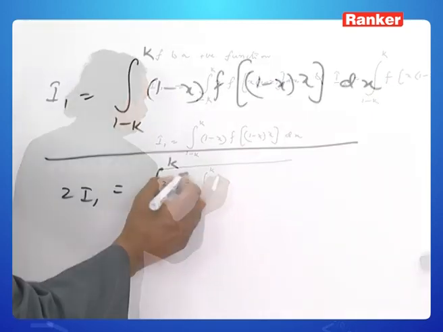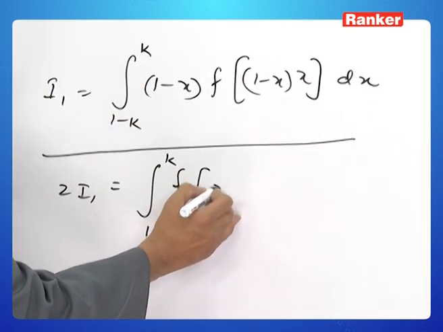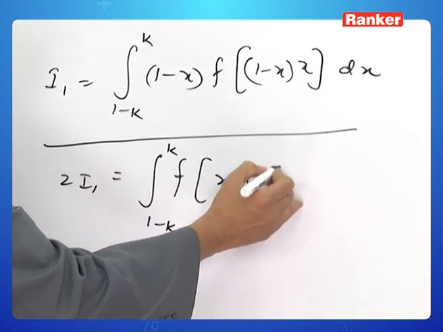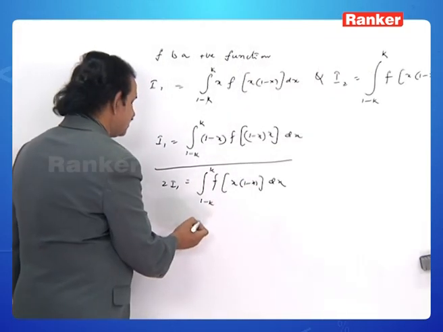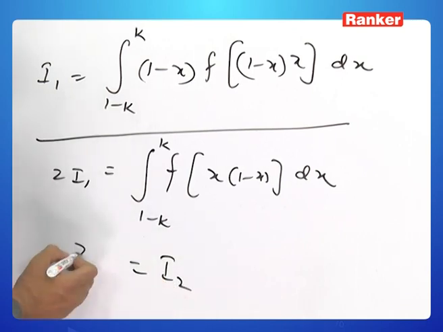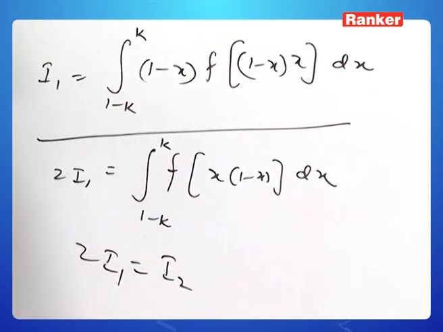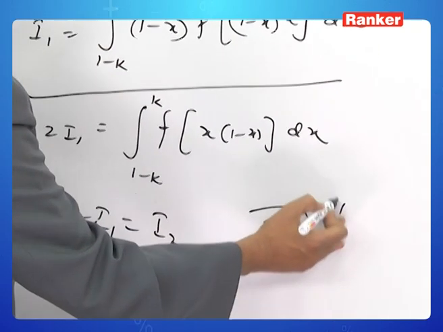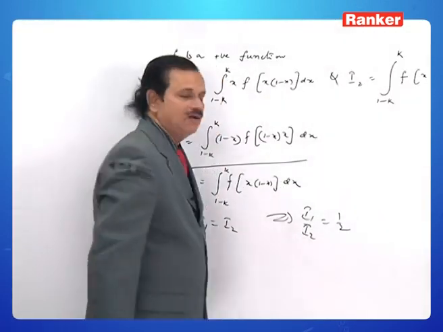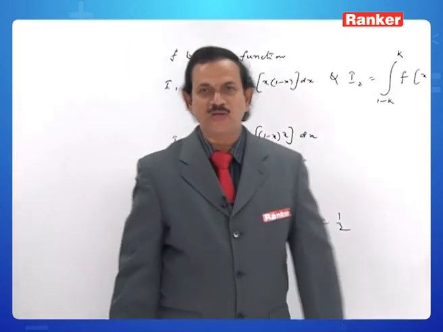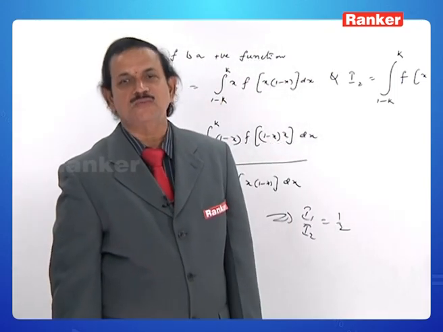What is that? f of x into 1 minus x dx you have. Just like that. And this is nothing but I2, isn't it? 2I1 is equal to I2. From this we can have I1 by I2 is therefore 1 by 2. What is the required ratio? I1 by I2 is equal to 1 by 2.